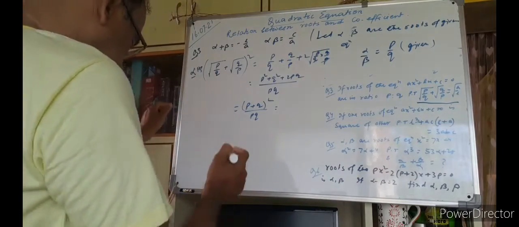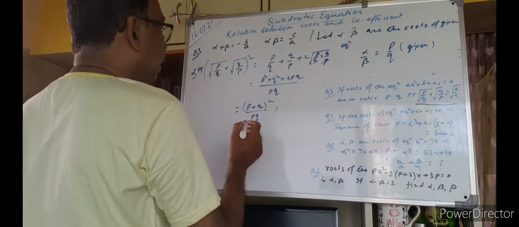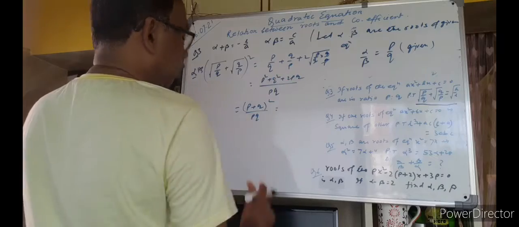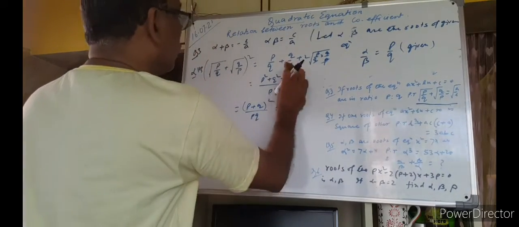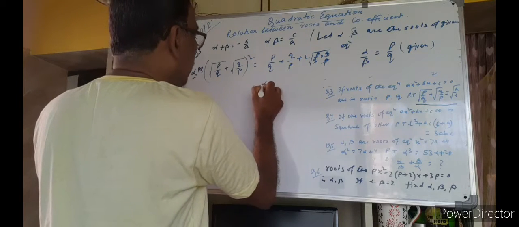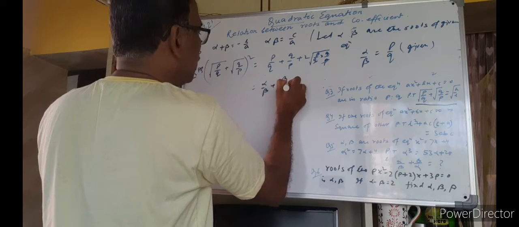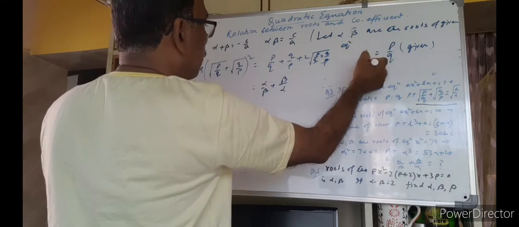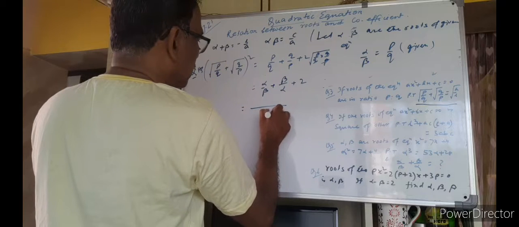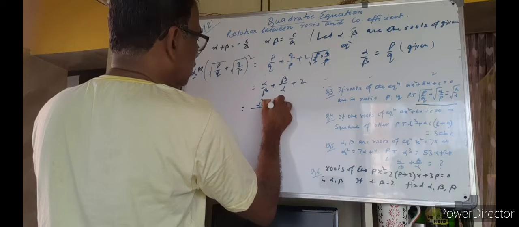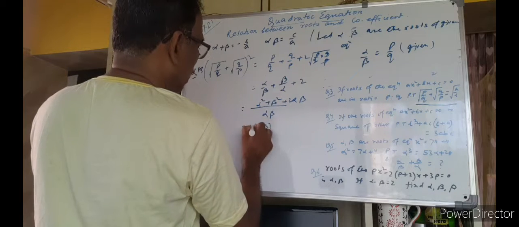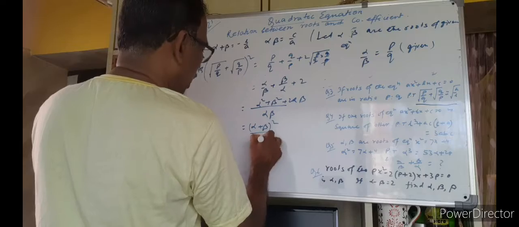Here P by Q is alpha by beta, and Q by P is beta by alpha, plus 2. Alpha beta is the LCM: alpha square plus beta square plus 2 alpha beta, that is alpha plus beta whole square by alpha beta.